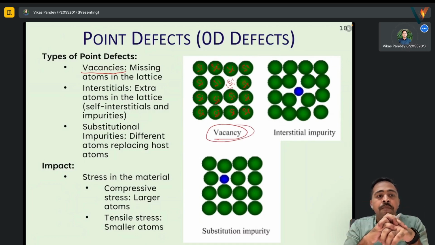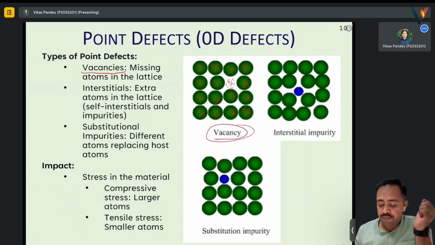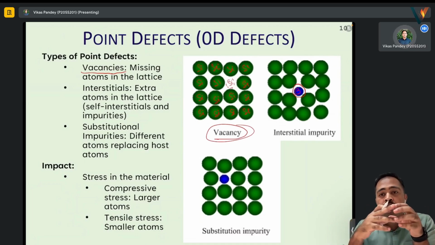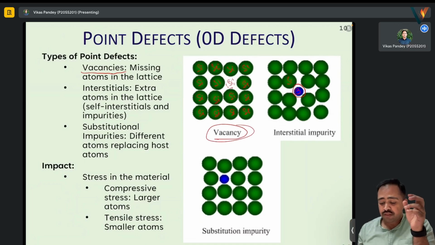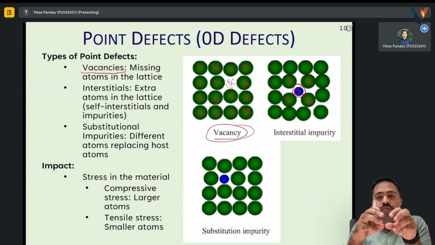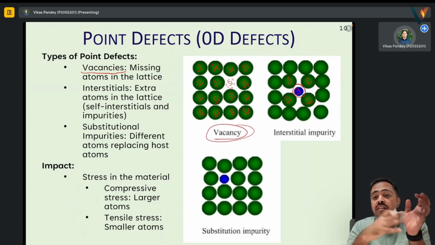Okay, then there can be a chance that an extra atom of silicon or maybe some other, like let's say boron, has come here. You see, what it is doing is that it is sitting in between some place where all the silicons were present, but an extra atom has arrived there, and it is in the interstitial place.